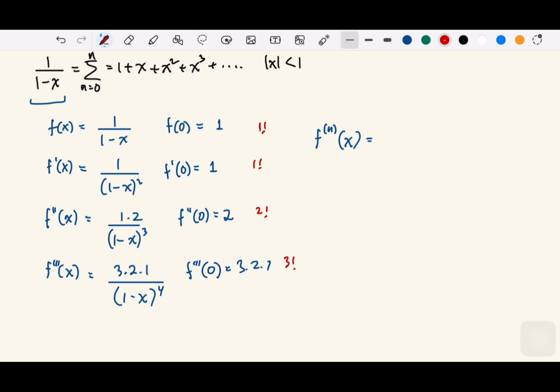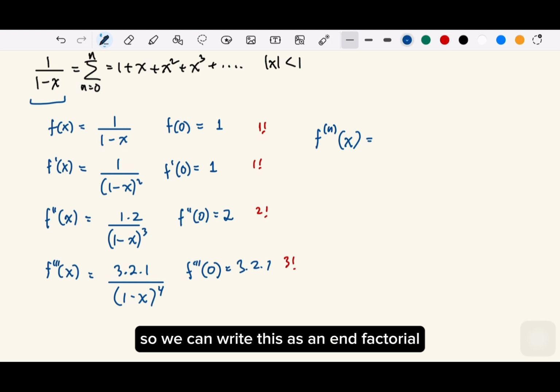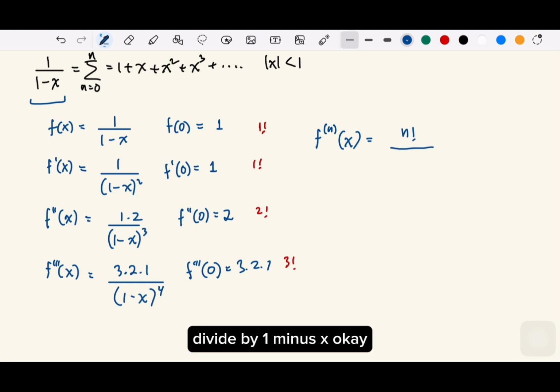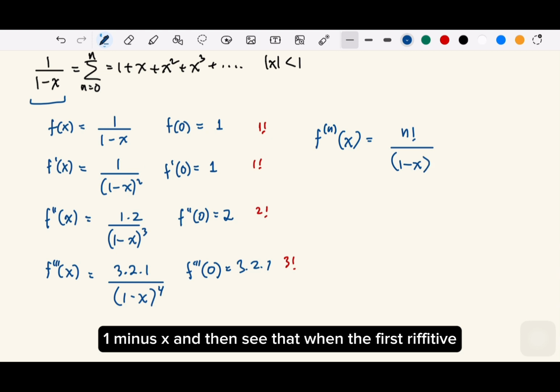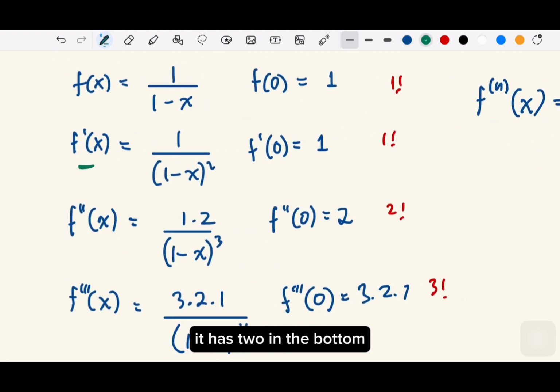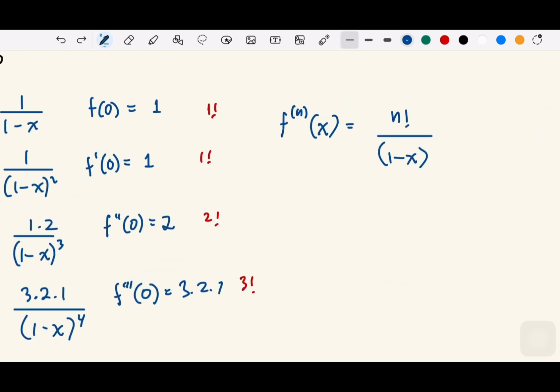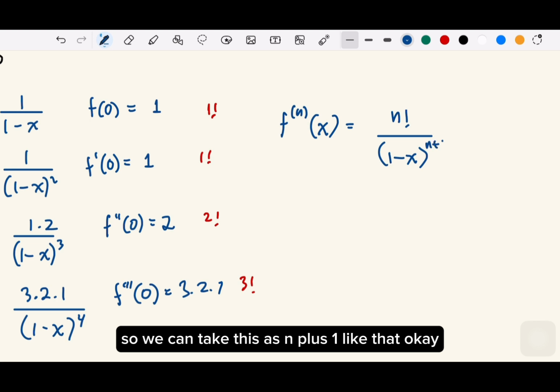So we could write this as n factorial divided by 1 minus x. Notice that the first derivative has 2 in the bottom, the second derivative has 3, so we have an additional 1 for each derivative. So we could take this as n plus 1.